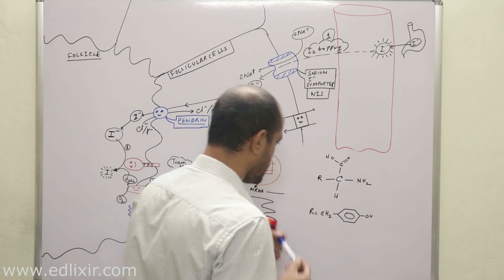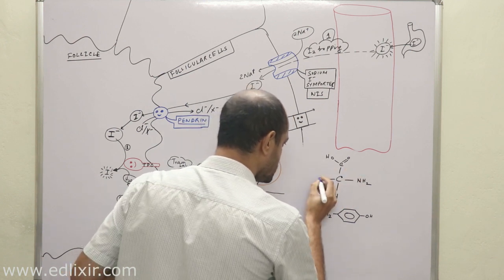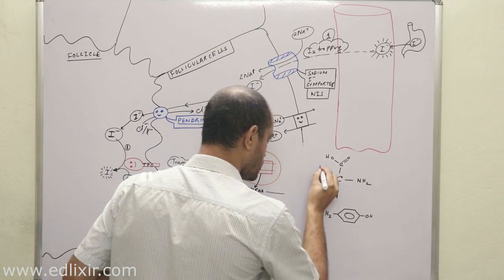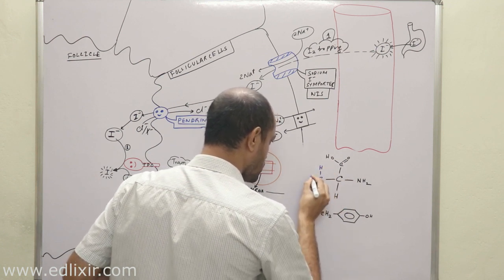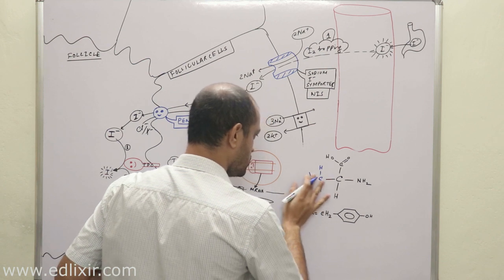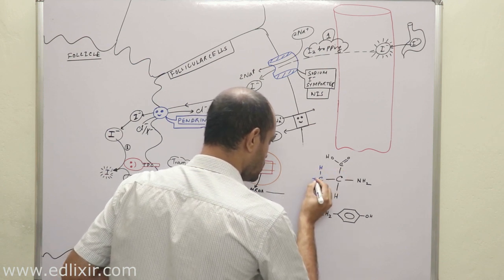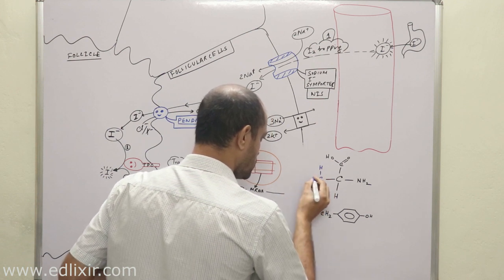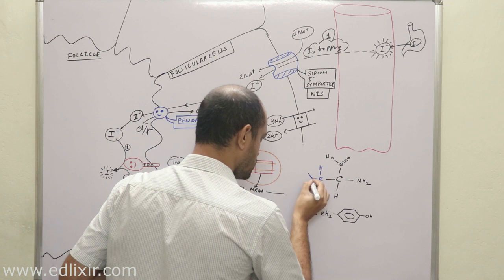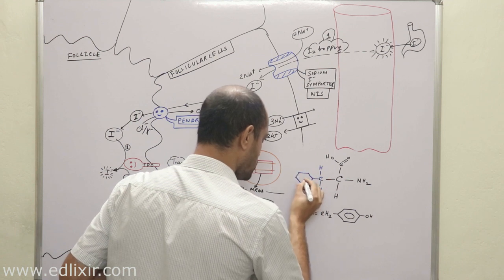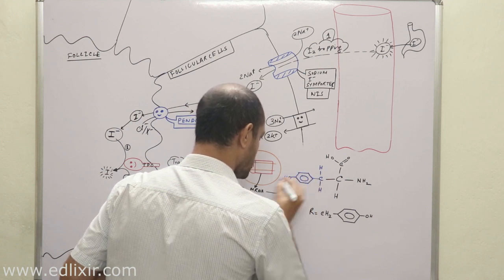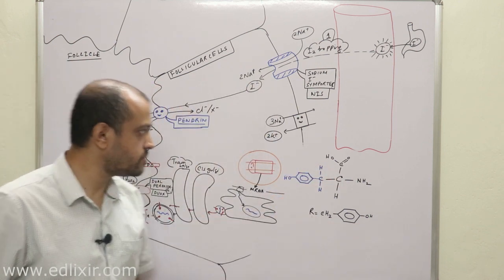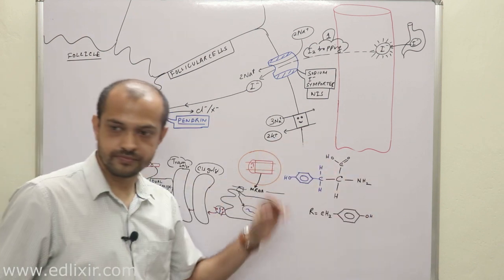Let us replace it. So we have replaced this R with this group. So this is our tyrosine molecule.